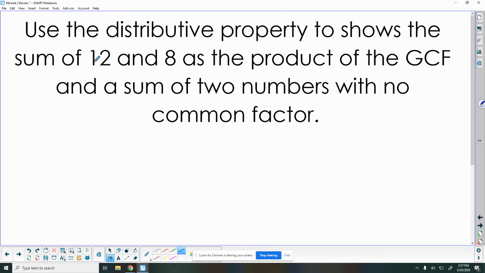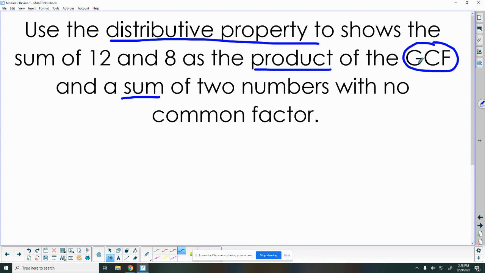Number 13 asks us to use the distributive property to show the sum of 12 and 8 as the product of the greatest common factor. I know this is kind of wordy, but I'm going to pick out words I know. Greatest common factor when I'm adding. So I need to multiply and add with my greatest common factor.